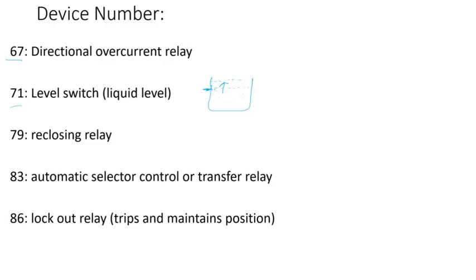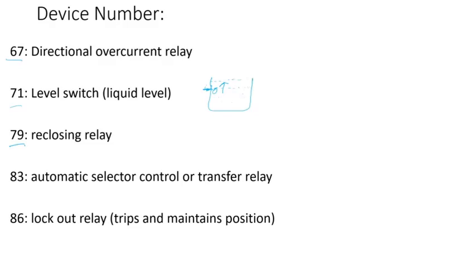This float will make this level switch change positions, and it could be connected to an electrical contact that would send an alarm or do something, whatever you set it to do.